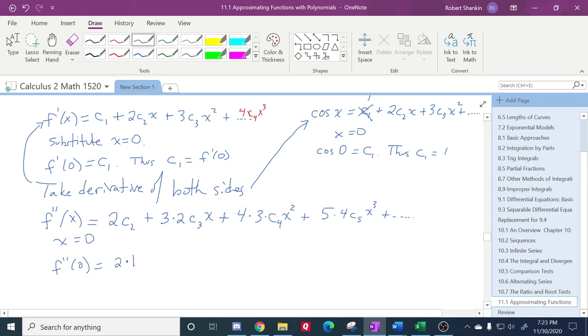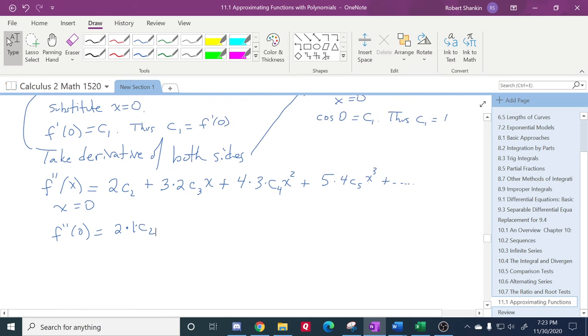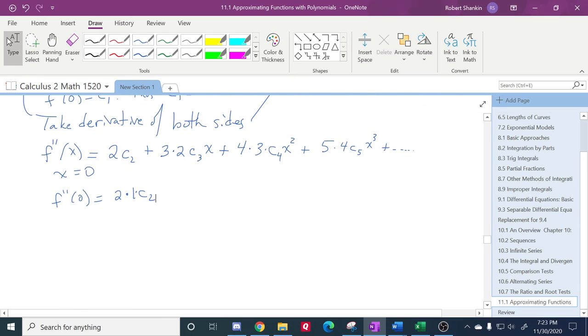But instead of 2, let me rewrite it. It's 2 times 1 times C2. And you'll see why I put the 1 in there in a little bit. I'm going to depart from the right hand side because I've run out of room. Let's take the derivative again. F prime prime prime of x. This term disappears. This 1 shows up right there. You don't get an x.